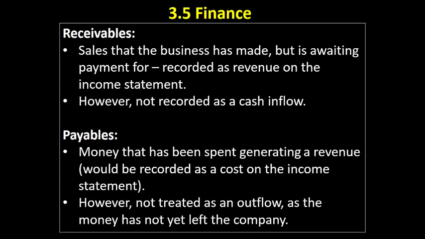So this treatment of receivables and trade credit, either being given out by a business or being received from suppliers, shows why a business can be profitable on paper, but actually in reality it can run out of cash, which is a big reason that businesses go out of business.